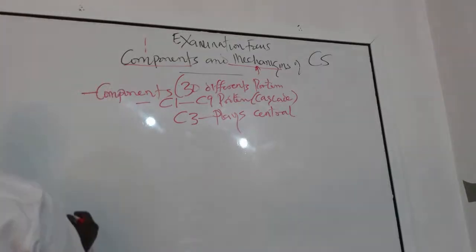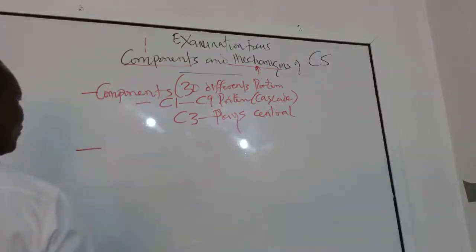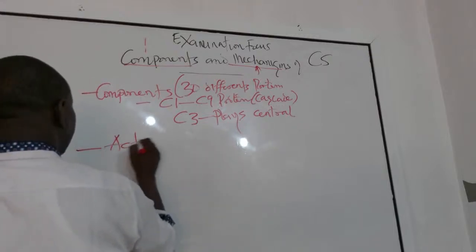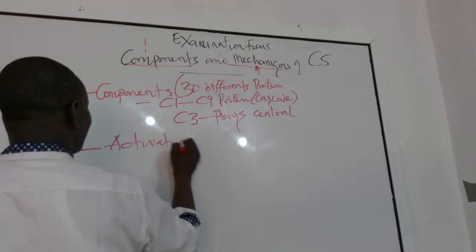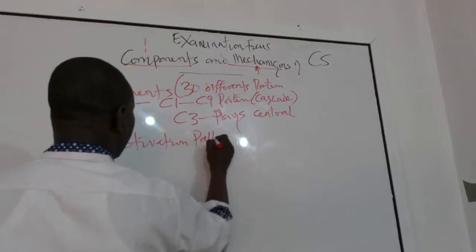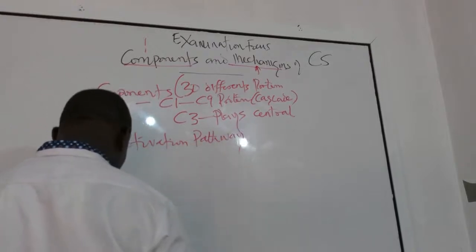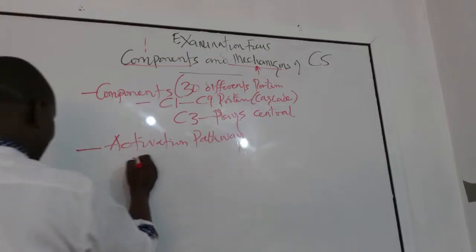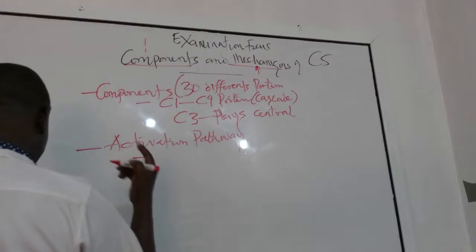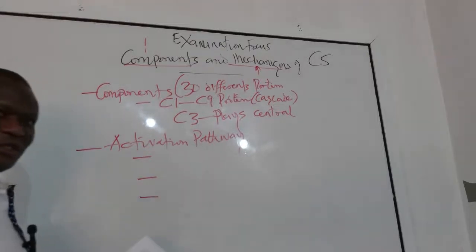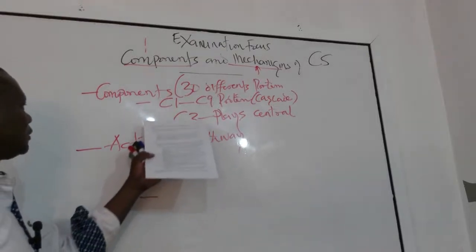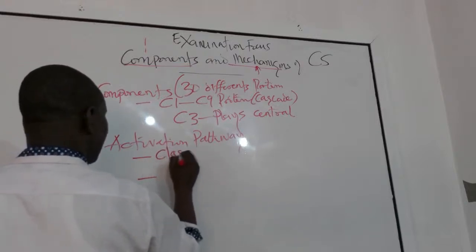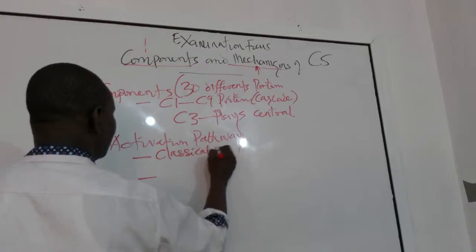So then, after the components, the next thing I'm expecting you to focus on is the activation pathway. How do they get activated? And don't forget there are three pathways of the complement system. The first one is called the classical pathway.